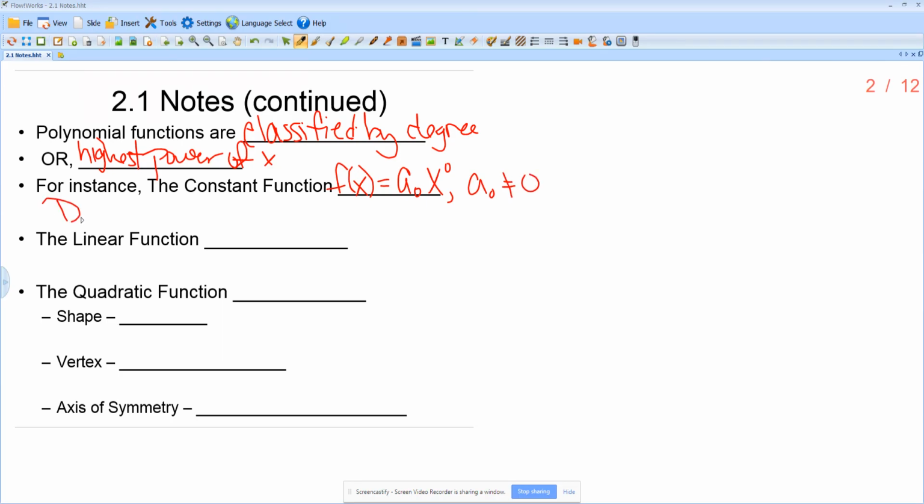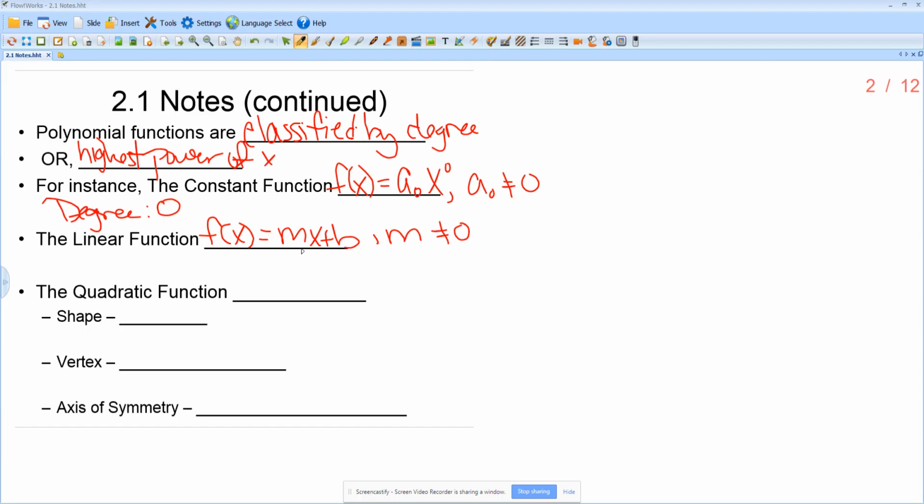The degree here would be the 0 power. That's sort of a not as interesting case. The linear function, so if we have f of x equals mx plus b, this is such that m is not equal to 0.